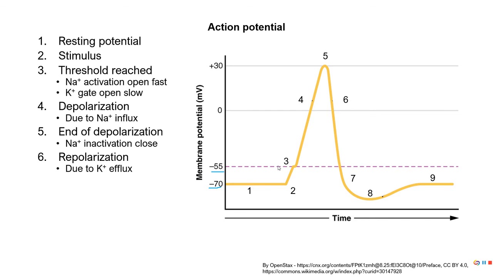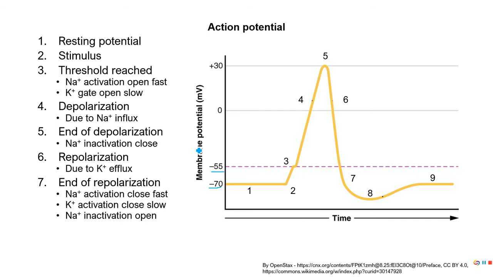All right, and so during 6, we have repolarization, or returning to our original negative state, and that's because potassium is leaving the cell through these gates that open slowly. At the end of repolarization, everything flips, and so that activation gate closes quickly, the potassium gate closes slowly, and the inactivation gate opens.